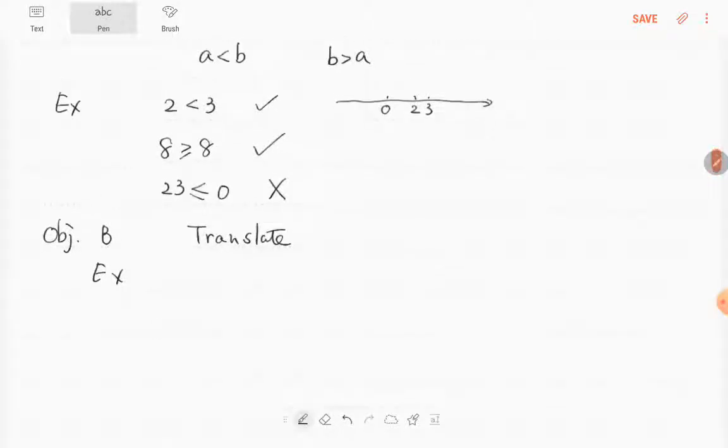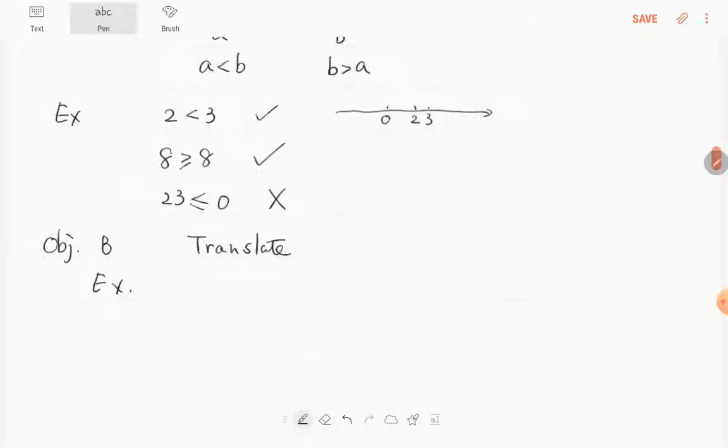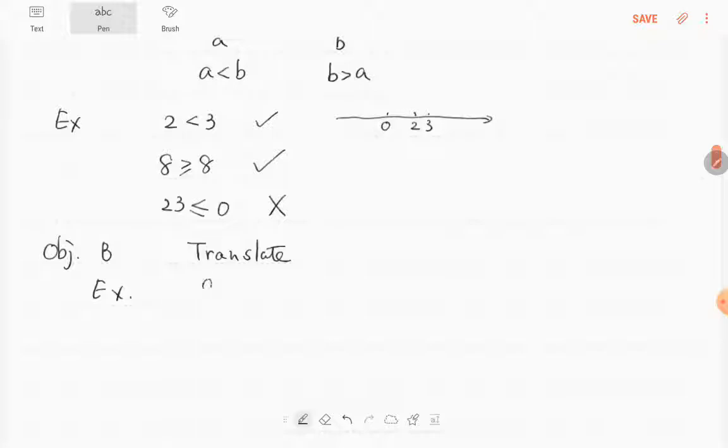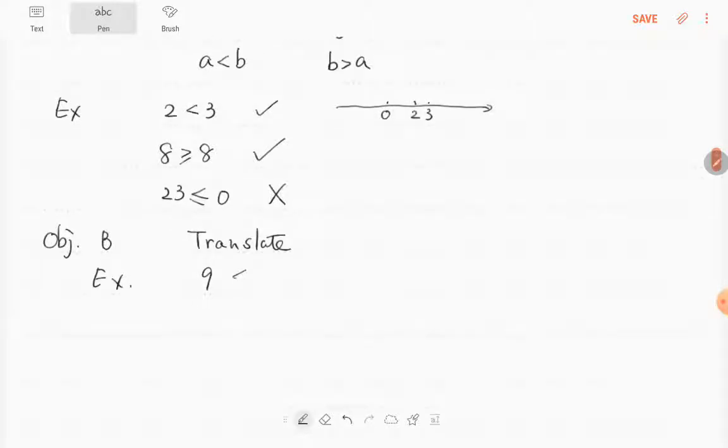So for the first example, we have this kind of sentence: 9 is less than or equal to 11. So make sure you know 9, of course, we can use this, is less than. So first we put less than or equal to, which means we should add this one. Less than or equal to 11. So that will be our answer.